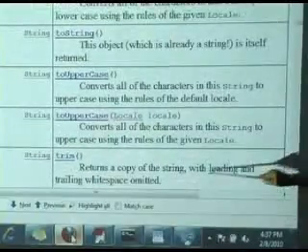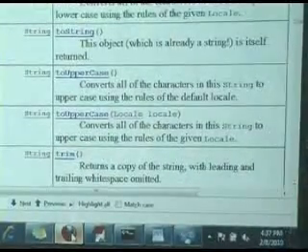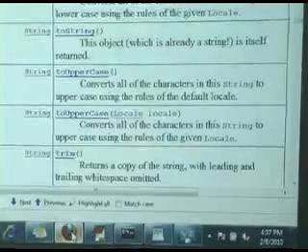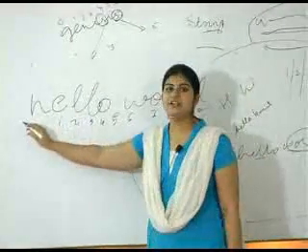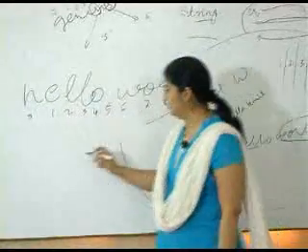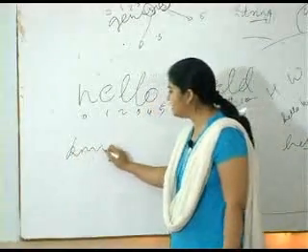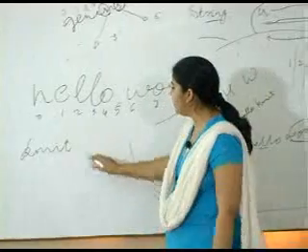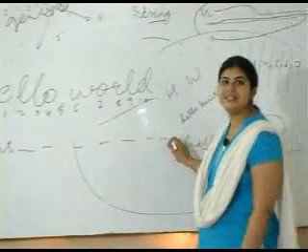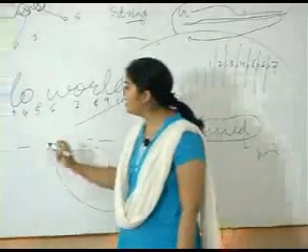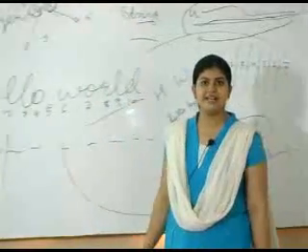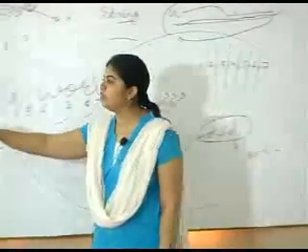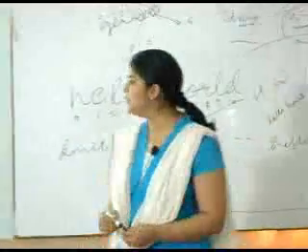Now this trim is also a very important part. Suppose you have white spaces at the beginning of the string or at the end of the string. When I said I am going to pass KMIT, after KMIT there is going to be space. If I want to cut this particular space, then what do I need to use? I need to make use of trim. I'll just give you an example.